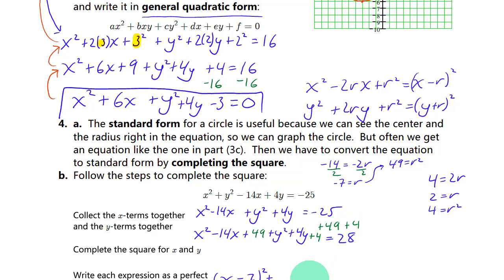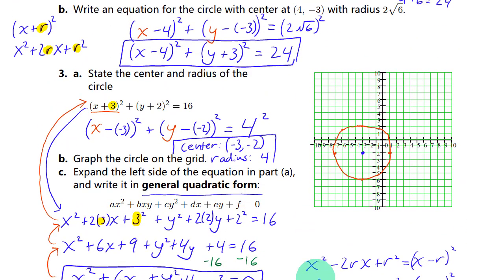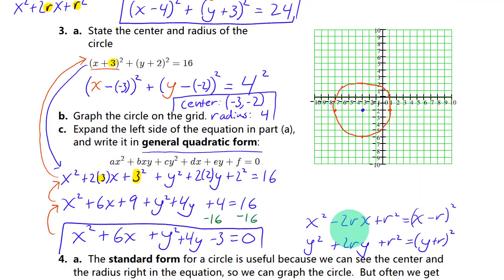Okay, so anyways, this stuff here turns into x minus 7 squared. The y squared plus 4y plus 4 turns into y plus 2 quantity squared. And then the other side, you just have 28. And 28, if we're trying to write it in the form of something squared, like the 16 is 4 squared, right?